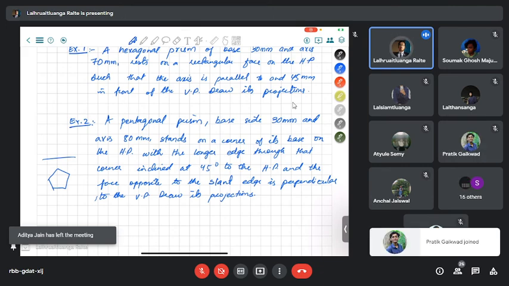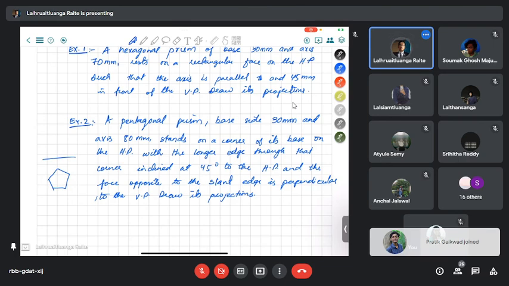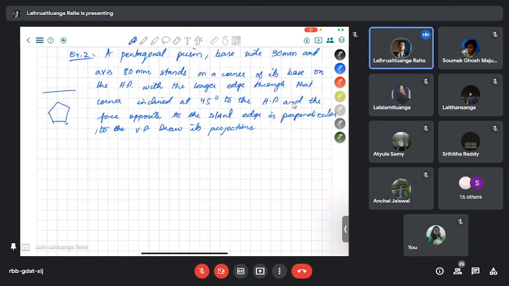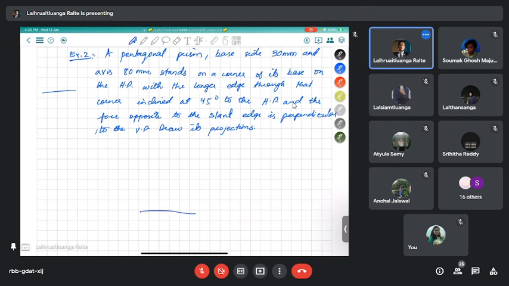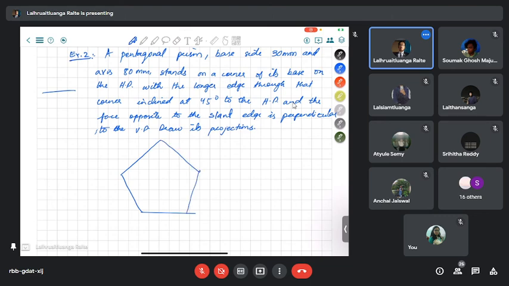If this is our corner, let me make it bigger. Suppose this is our corner. The face opposite to this corner is going to be this one, right? So this is the corner and this is the face opposite to it.